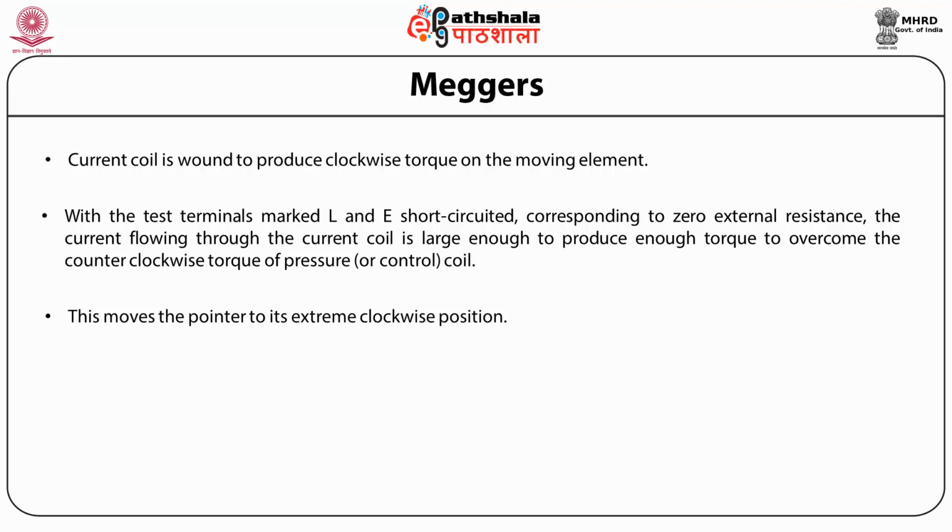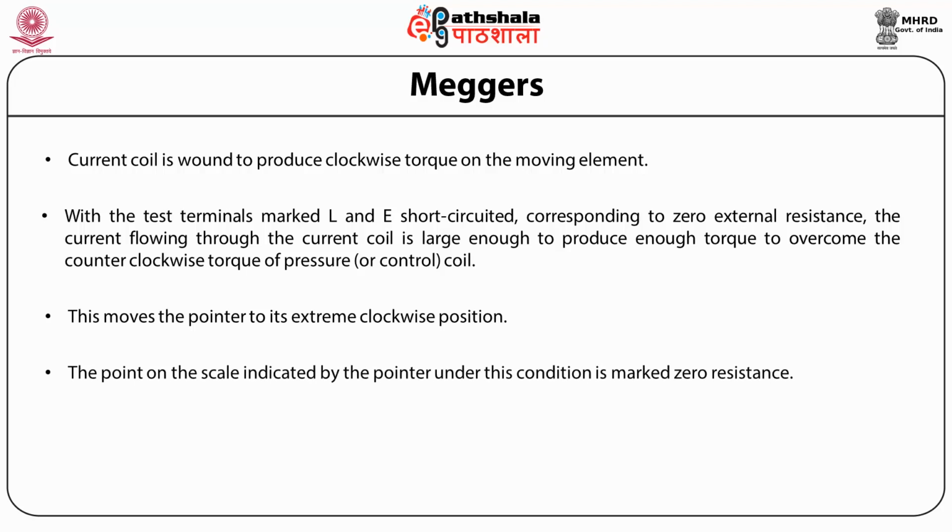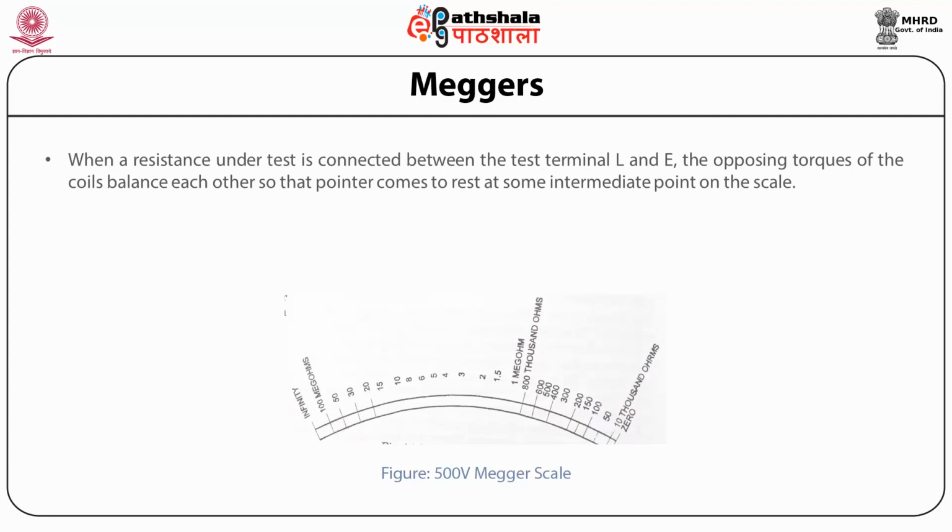This moves the pointer to its extreme clockwise position. The point on the scale indicated by the pointer under this condition is marked zero resistance. When a resistance under test is connected between the test terminals L and E, the opposing torques of the coils balance each other so that the pointer comes to rest at some intermediate point on the scale.